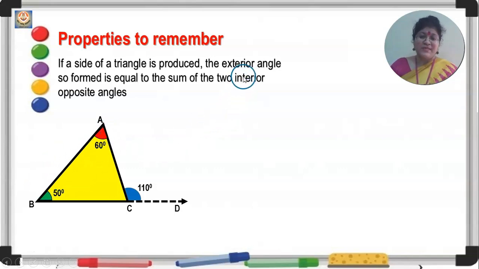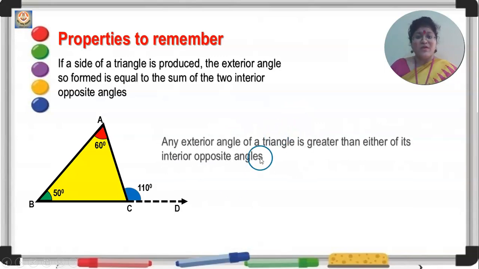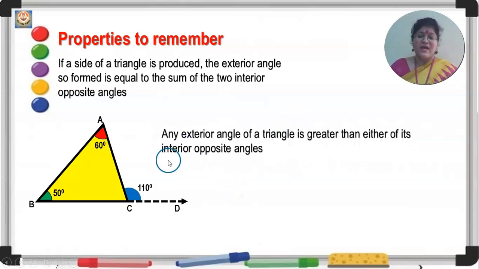So this is the property. This is called the remote interior angle theorem. Okay, you just have to remember this property that the exterior angle is always equal to the sum of the remote interior opposite angles, or the sum of the two interior opposite angles. Okay, now based on this, we can also conclude that any exterior angle of a triangle is always greater than either of its interior opposite angles.